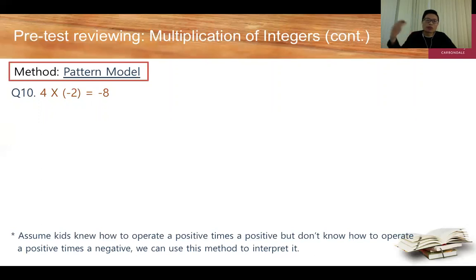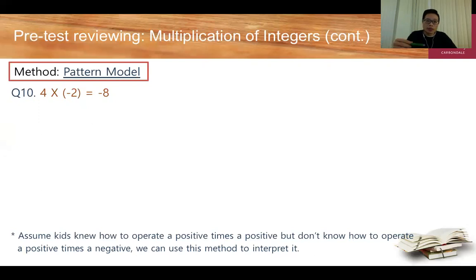I mean, the rule applied to multiplication here is the same as applied to addition and subtraction. So I start from the pattern model. However, for the number line model and the charge field model, there are some new rules to apply in order to use them for multiplication.